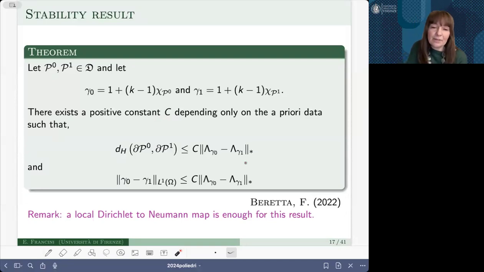If we want to express this in terms of some norm of the difference between gamma 0 and gamma 1, what you are actually bounding is the L2 norm of this difference. I'm not being very precise about that, but even in this case, only the local Dirichlet-Neumann map is needed for this result.